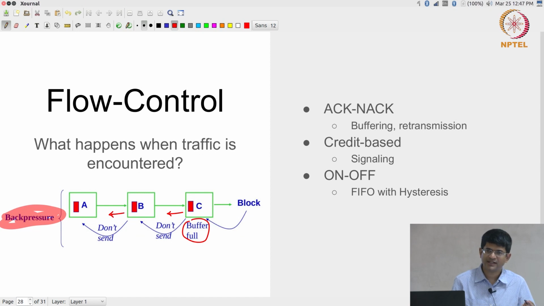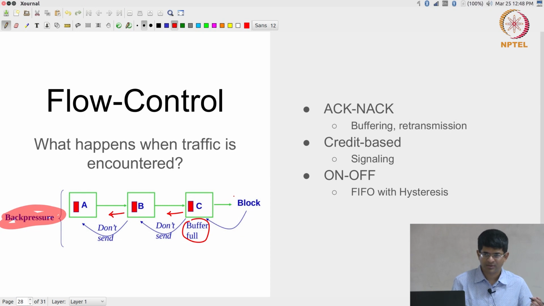If there is indefinite back pressure, you will start losing data, because A can't hold its data indefinitely, right. But if it has a buffer, some place where it can keep data for a little while, it might be that this block will clear, and then you can again start sending the data through, okay. So this back pressure is a very crucial component of getting complex multi-element systems to work properly together, right.